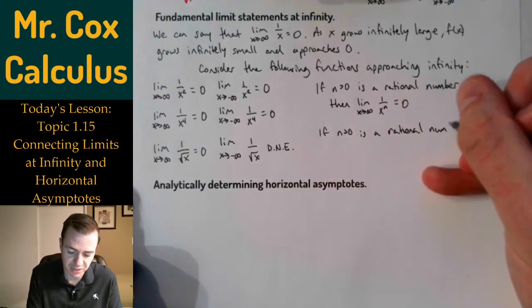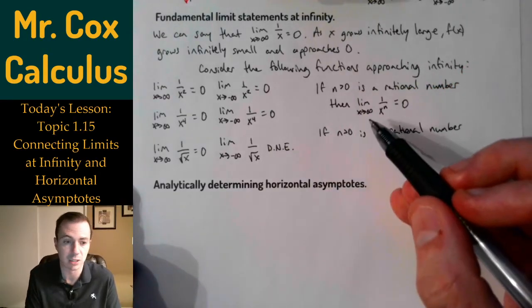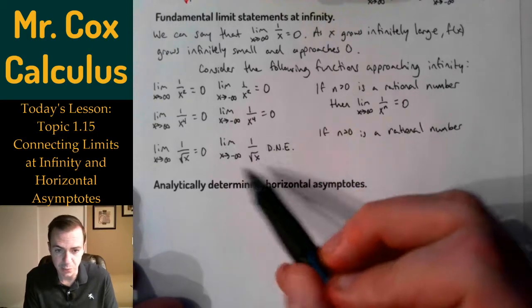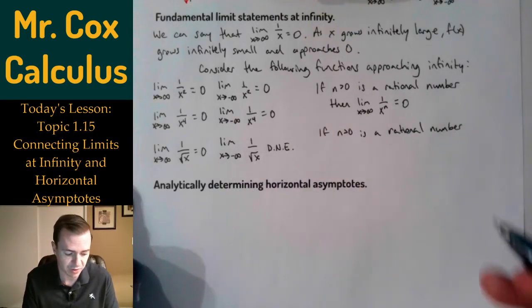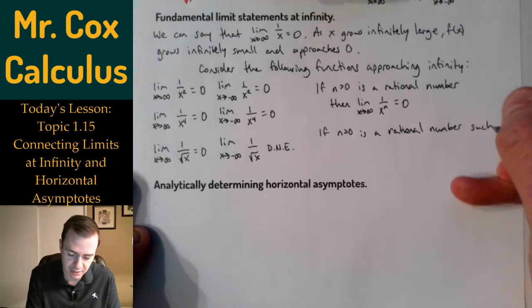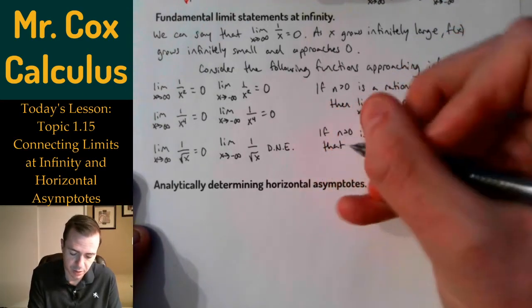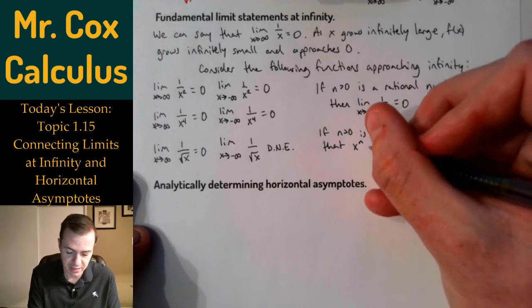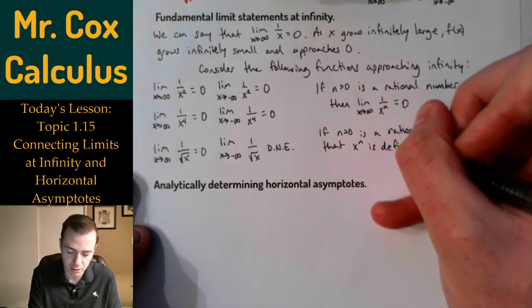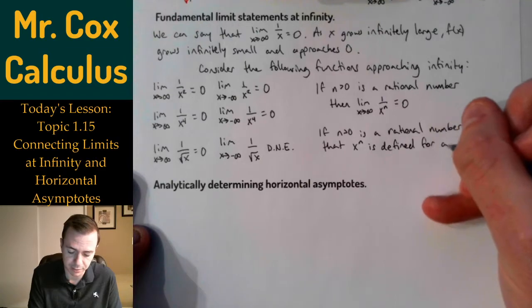I'm setting up a statement here to say the limit as x approaches negative infinity. As we saw here with 1 over the square root of x, I do need to state such that x to the n is defined for all x.